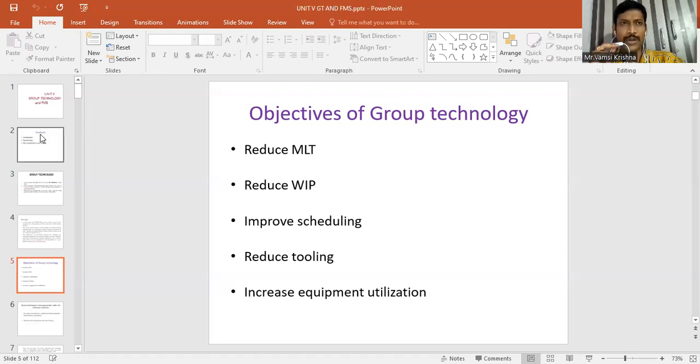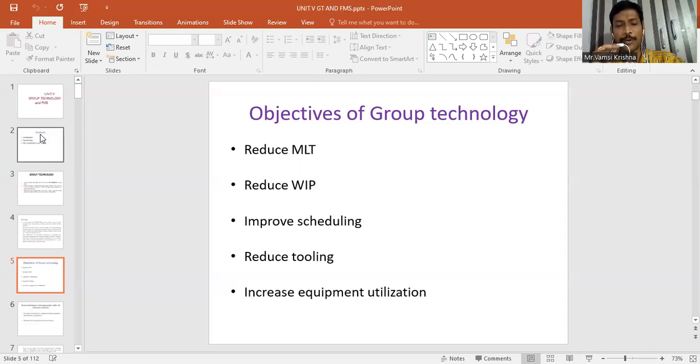Lead time means the time required for loading and unloading. Work in process means a semi-finished product completed on a workstation. A workstation can be a CNC machine, a spray coating machine, a washing station, or any robot for that case.